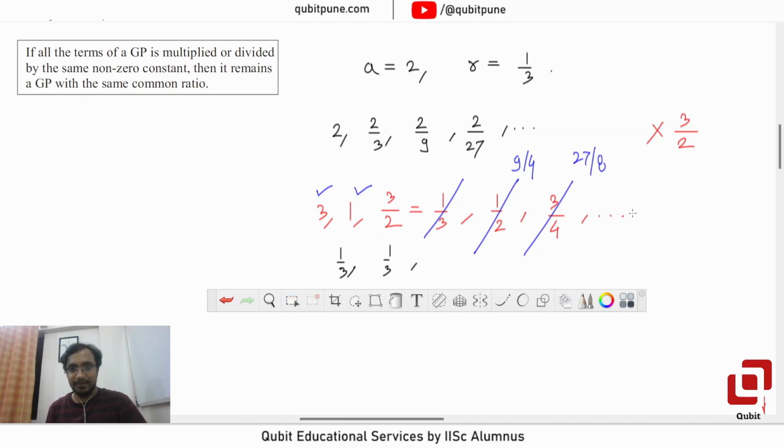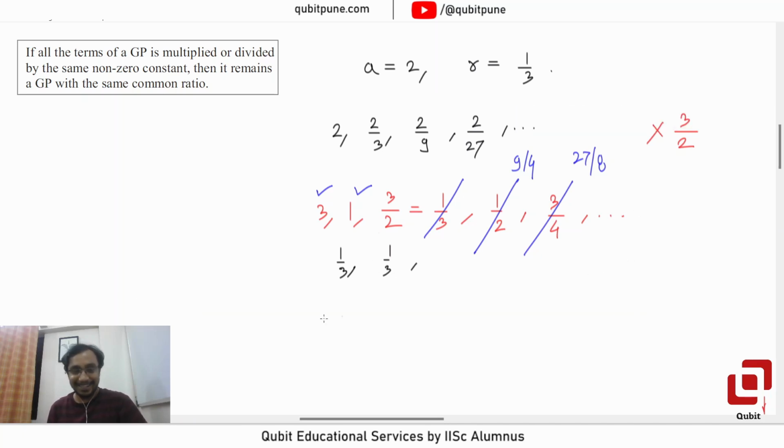Oh, okay, my bad. Let me keep my mistakes there and I'll do it again. I think what I did was later on I went on multiplying the sequence itself by 3 by 2. That was not the common ratio, that was the number. So 2 by 3 into 3 by 2, that is right.